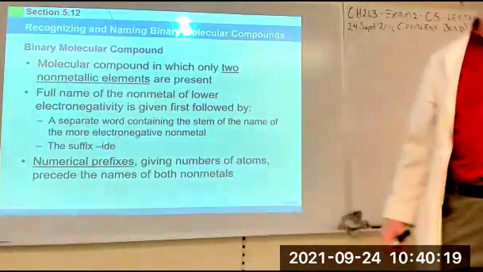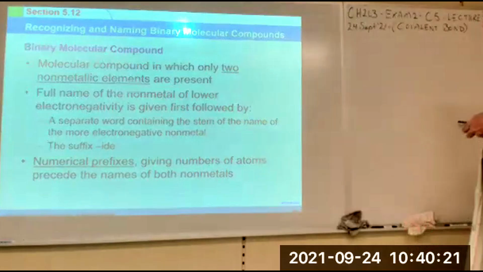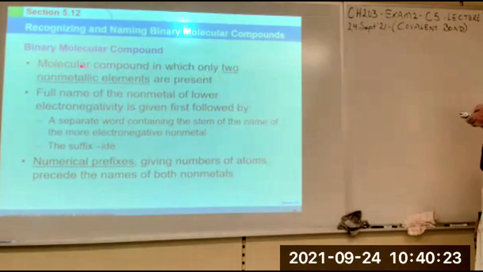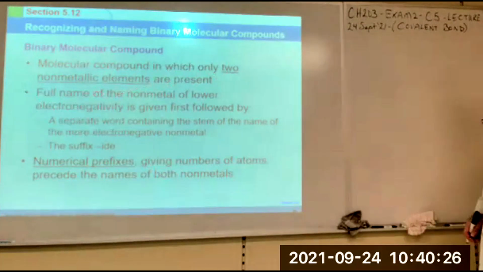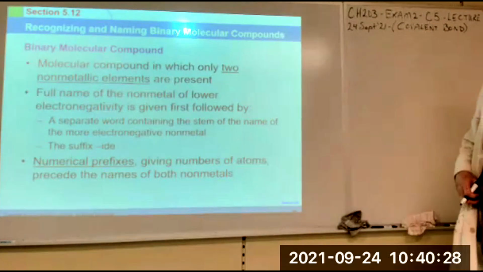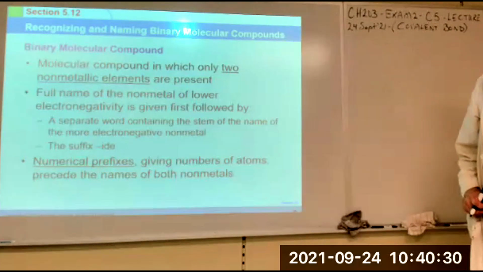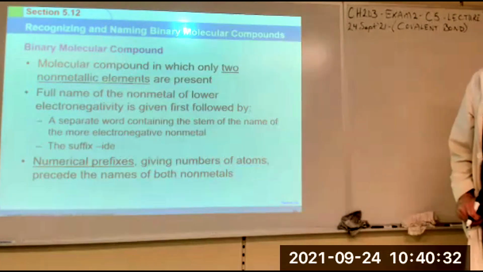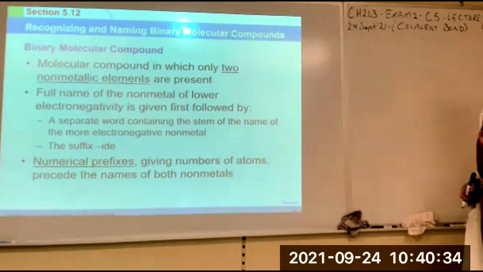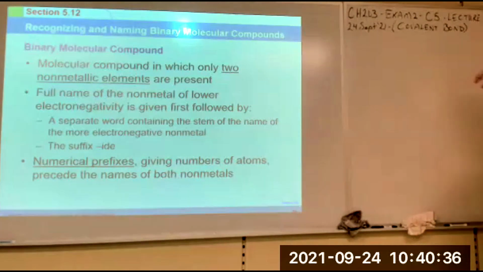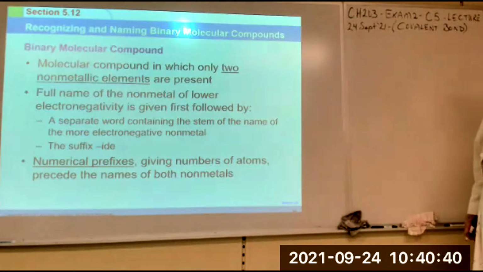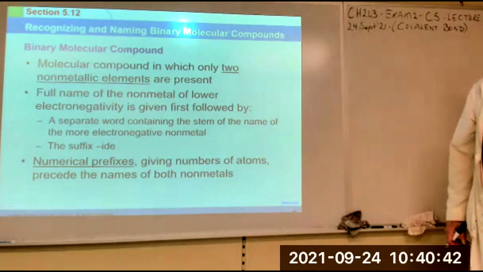You already know how to name non-metal nonmetals. Yeah, we started on that last week. Two non-metallic elements together. Since you can't balance a charge like you would for a type 1 or a type 2, you have to say how many there are. And then you also have to say which one comes first. Well, the one that is least electronegative comes first.